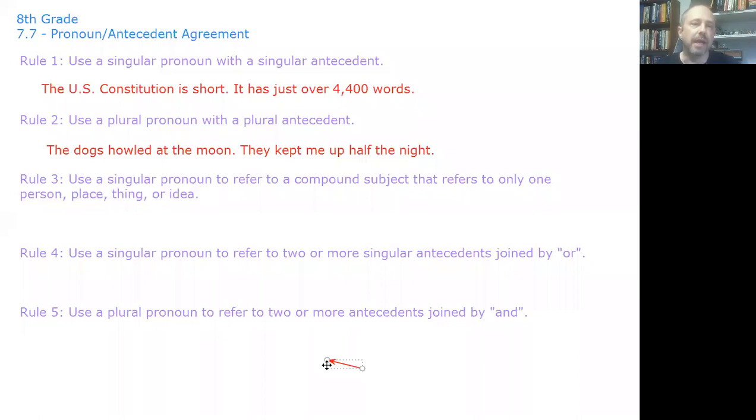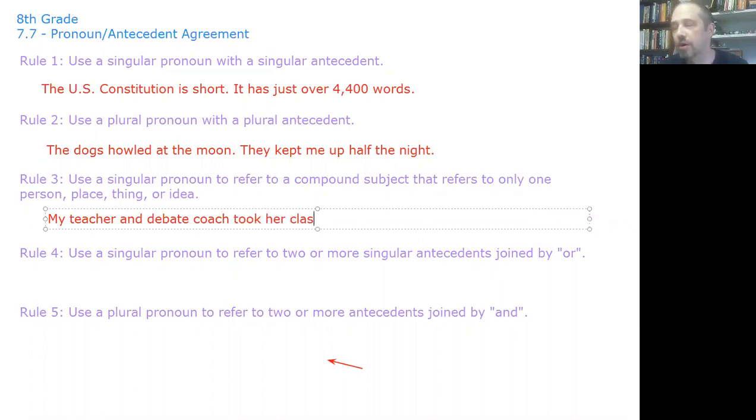Now things get a little more complicated. If I have a compound subject, but that compound subject refers to the same person, then it's singular. You're not going to see this happen too often, but it can happen. So for example, my teacher and debate coach took her classes to the museum.